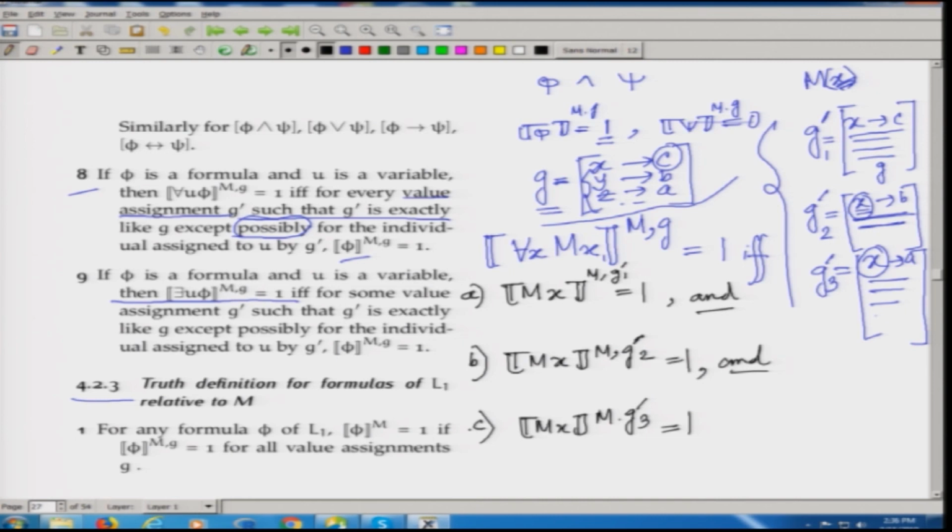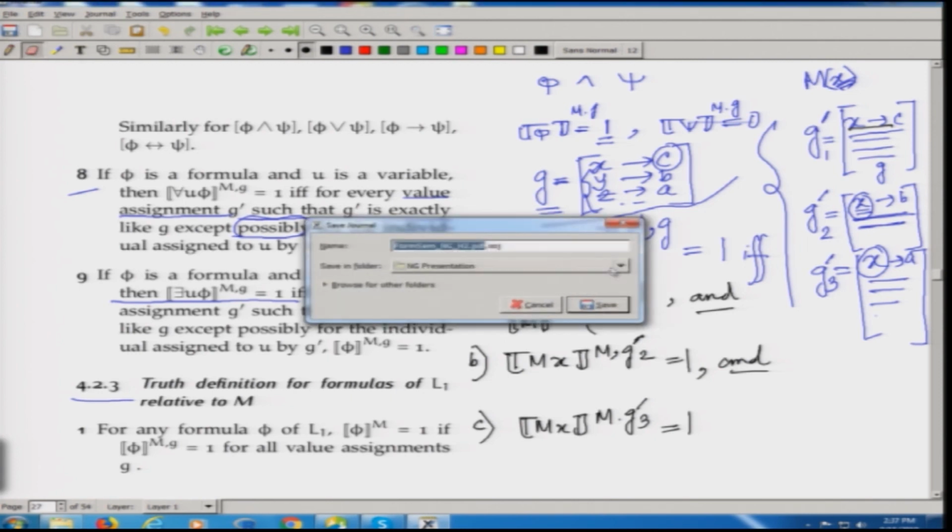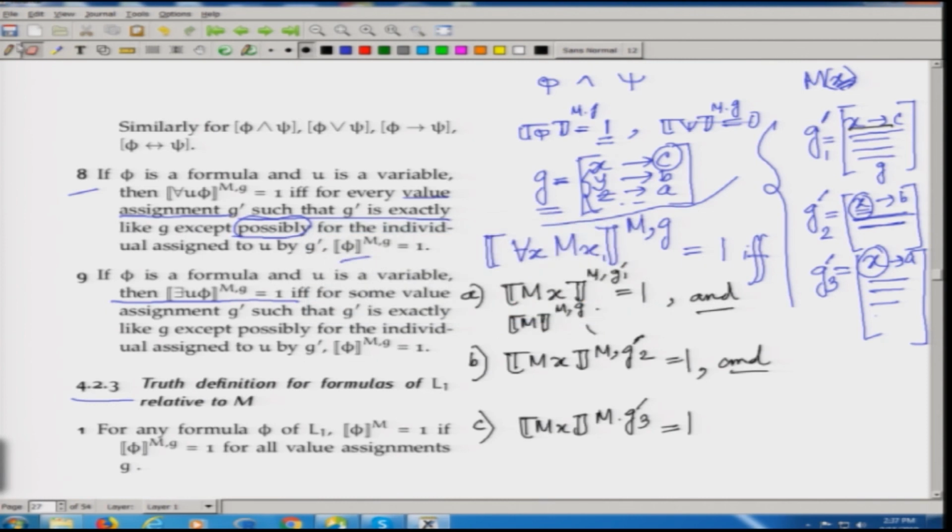Now, we shall check. So, g prime 1 gives c to x. So, here it will be m with respect to m g, which takes actually the meaning of c, because directly it gets the meaning, we do not have any problems, we just directly write c.